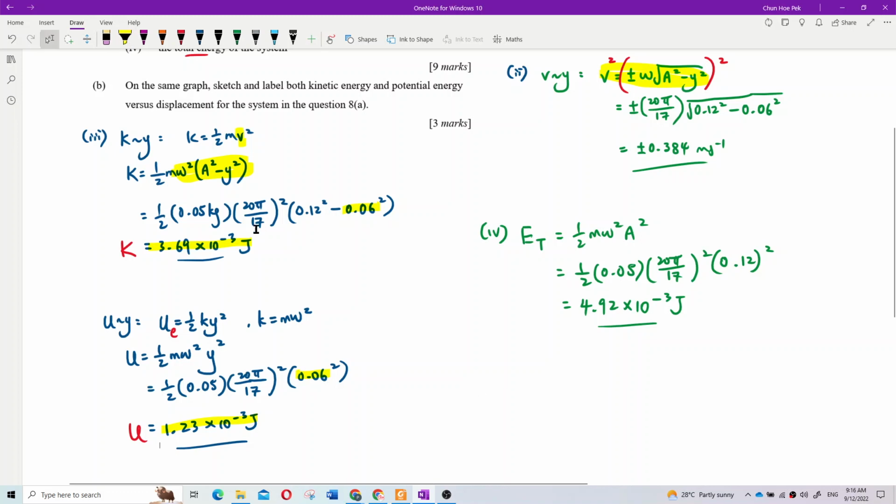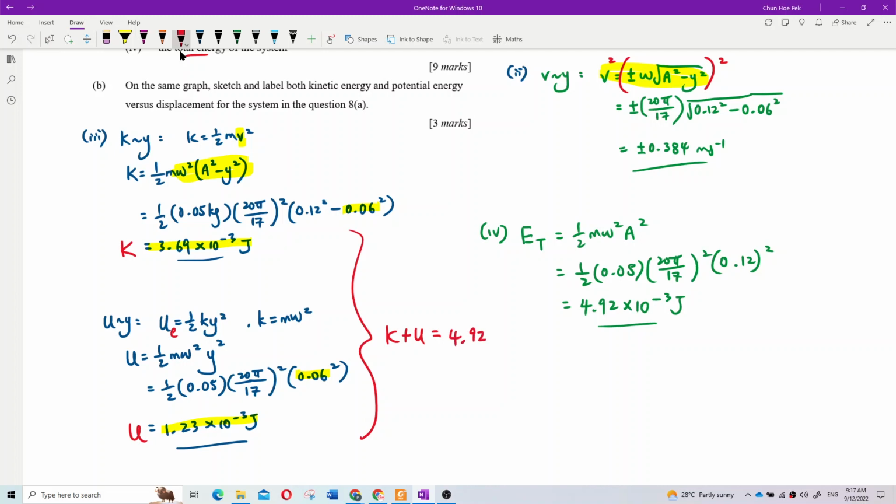So what's the total energy? Maybe you can add up these two. Kinetic energy plus potential energy equal to what? Let's add up: 3.69 exponent negative 3 plus 1.23 exponent negative 3. What's the answer you get? 4.92.